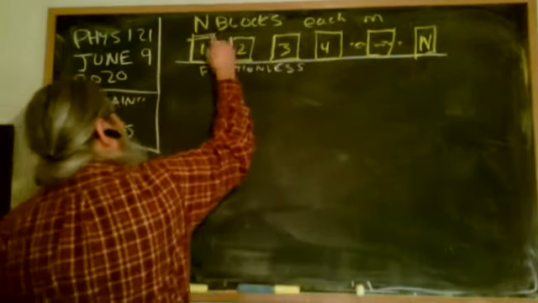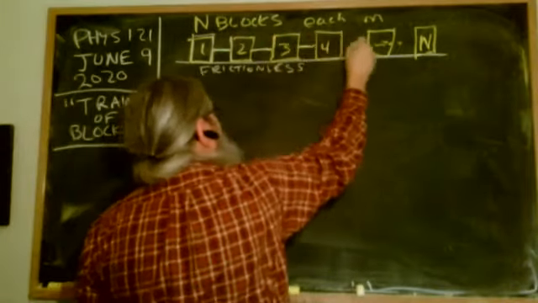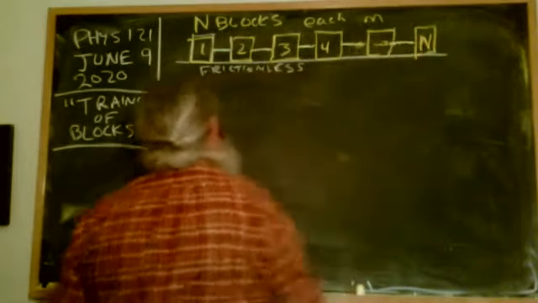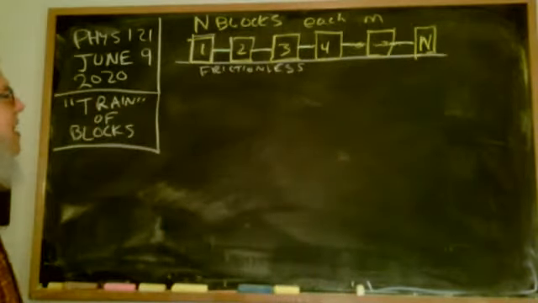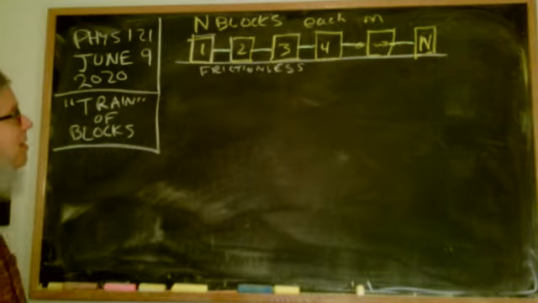And then I'm going to connect each block with a piece of ideal string. And I'm going to use a labeling scheme so that each piece of string has an unknown tension that corresponds to the numerical value associated with the block to its left.